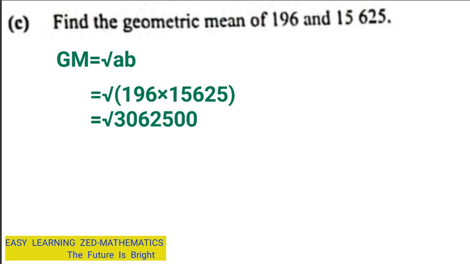Okay, I found the product, then I write the square root sign there, then the calculator will give you the square root of that. Once you have done that, then immediately you say equal to, it's going to give you 1750 as the geometric mean of those two numbers. Okay, so basically this was the correct answer, unless you have got questions.